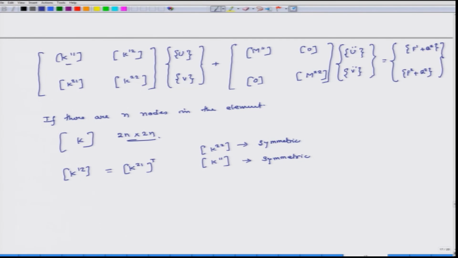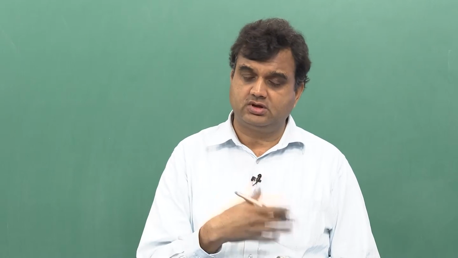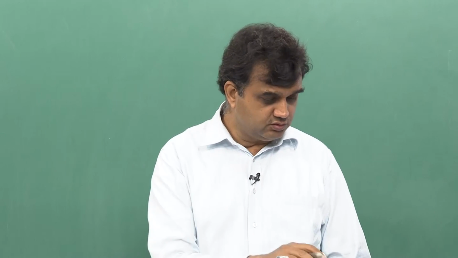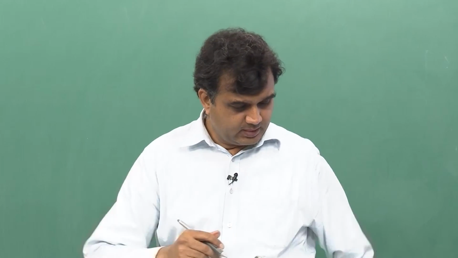So, because this is symmetric and this is transpose of this, the overall K matrix is symmetric. So, if you compute only the top half of the matrix, you do not have to compute the lower half, because all those numbers you can directly assume through the notion of symmetry. Okay.